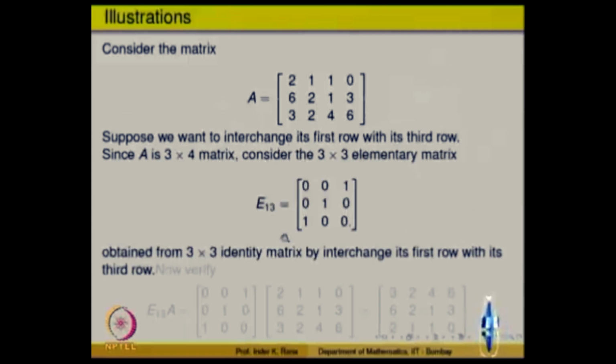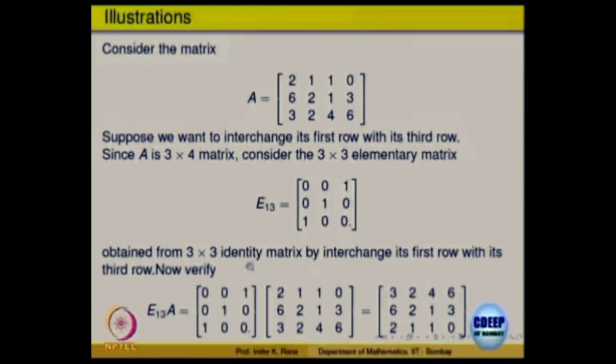So what should the corresponding elementary matrix be? It should be E13, right. That means in the identity matrix of order 3 cross 3, 3 is the number of rows. I have to interchange the first with the third one. So when I interchange, this is what E13 will look like, the elementary matrix. And now what should I do? Take this matrix, pre-multiply A with this matrix.